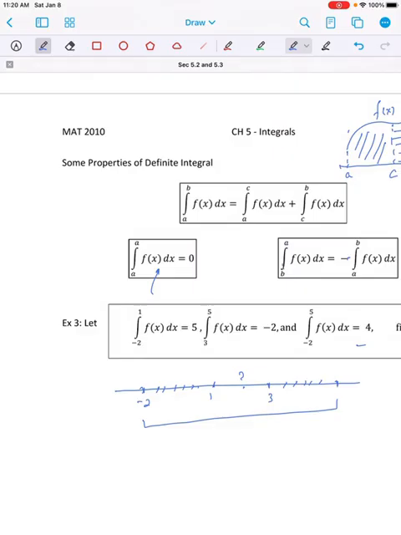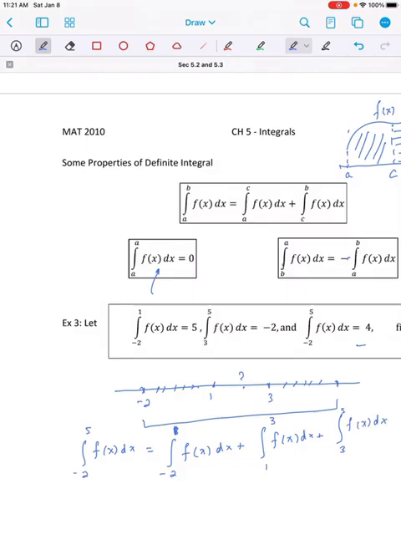So by the properties, we have that the value from -2 to 5 of f of x dx can be broken down as the value from -2 to 1 of f of x dx plus 1 to 3 of f of x dx plus 3 to 5 of f of x dx.